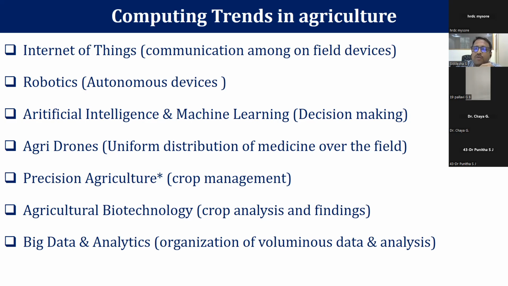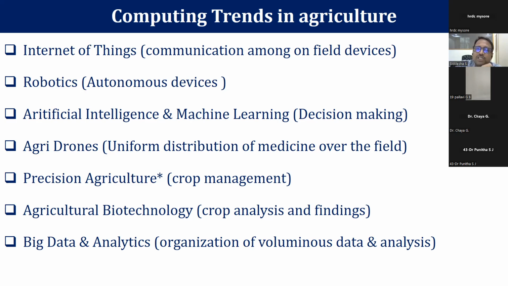And next is robotics, that is autonomous devices. We are making use of robotics for the autonomous devices. Robotics comes into the picture by the combination of different technologies, like mechatronics, a combination of mechanical and electronics, along with computer science and computation technology.